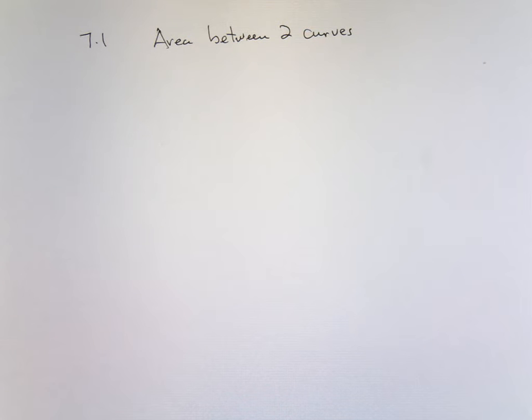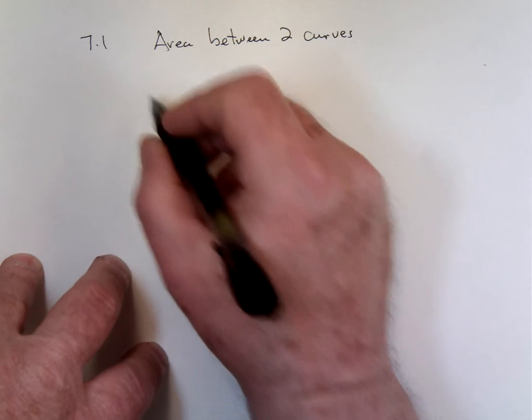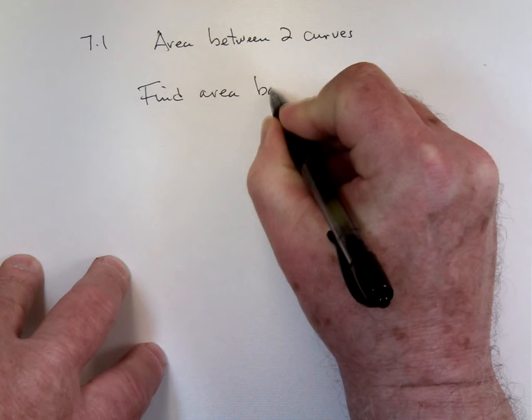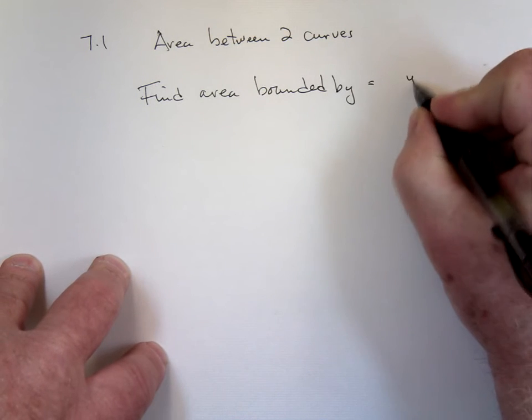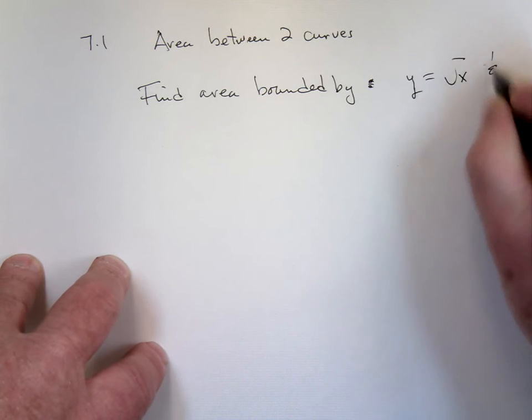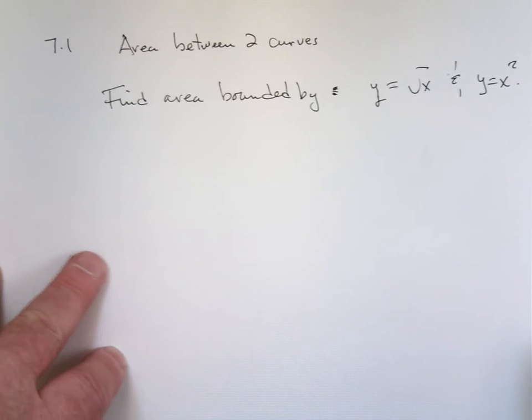All right, area between two curves. Let's take a look. Here's the problem. Let's find the area bounded by y equals the square root of x and y equals x squared. Okay.